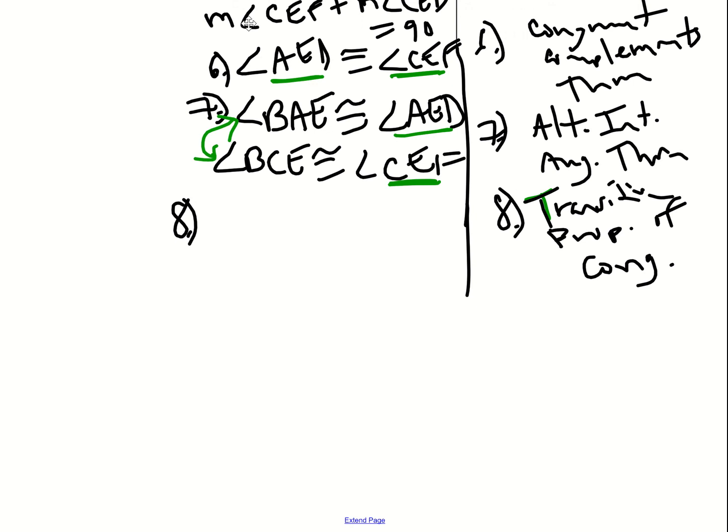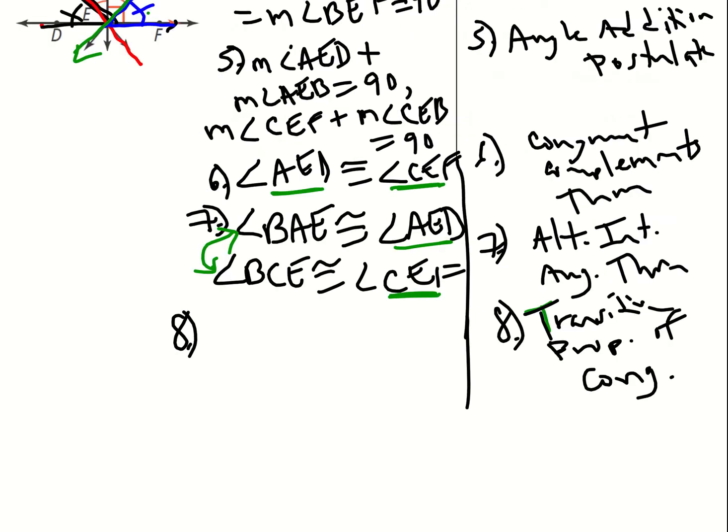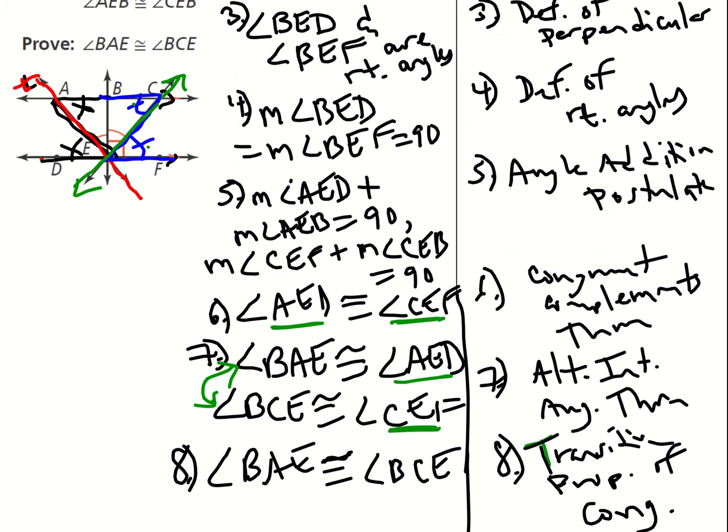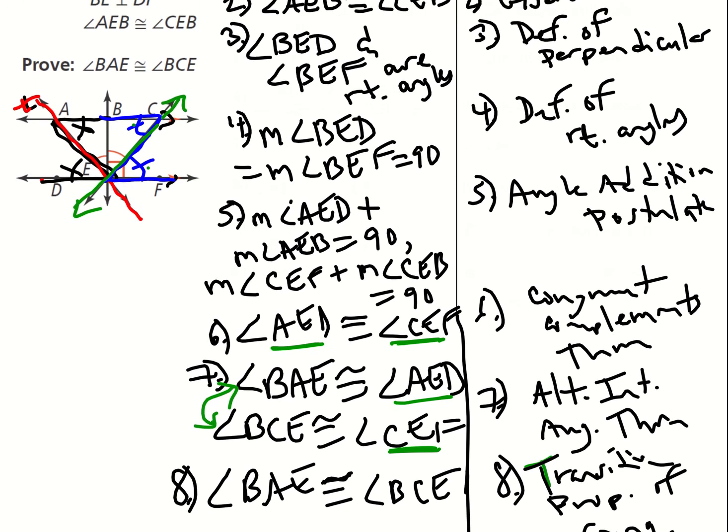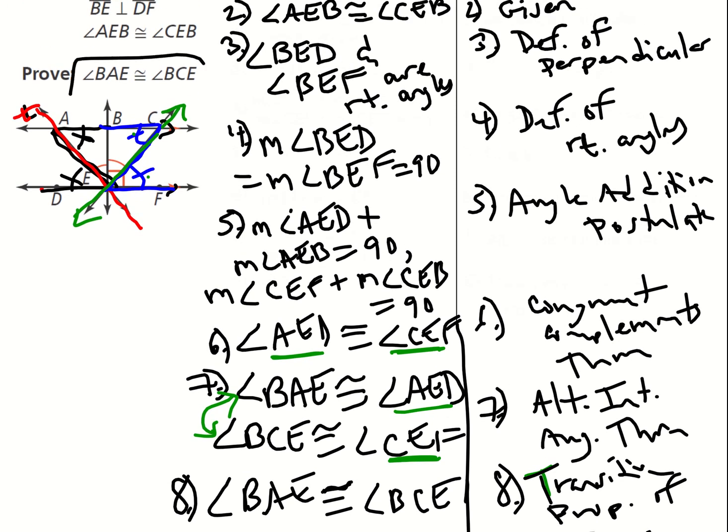Let me double check the wording here. Okay, so then we'll go ahead and write the statement: angle BAE has to be congruent to angle BCE. And remember that that's actually what we were trying to prove. We were trying to prove that BAE is congruent to BCE. And so therefore the proof is completed.